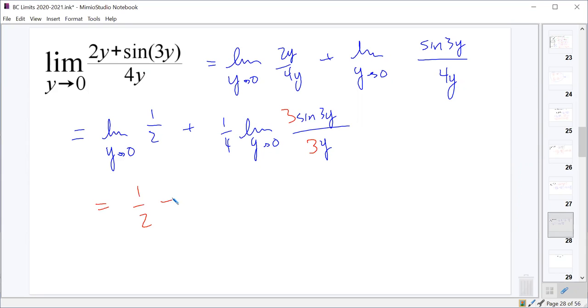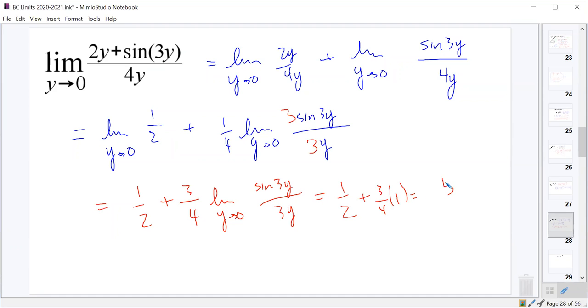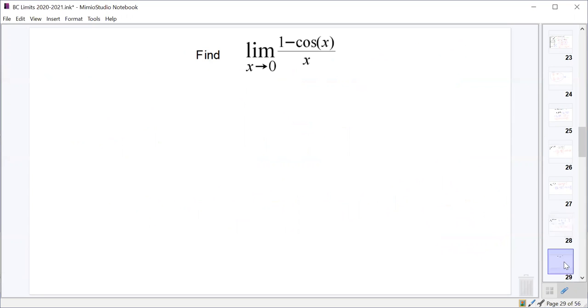We end up with a half plus 3/4 the limit as y approaches 0 of sine 3y over 3y, or 1/2 plus 3/4 of 1, which is 5/4. Good. Wonderful. Nobody's got any issues, any complaints or concerns? Cool. Let's move forward then.